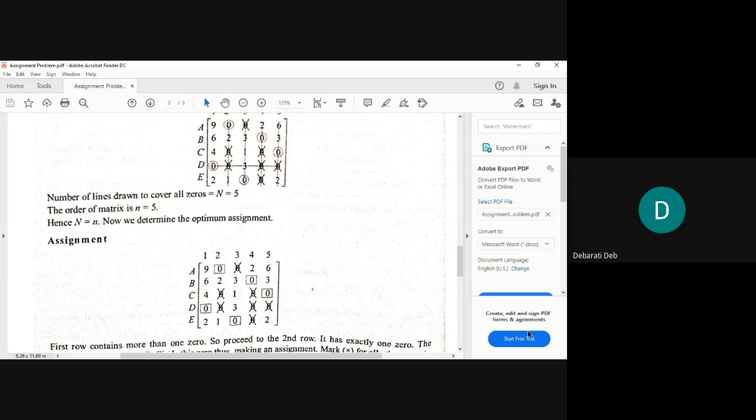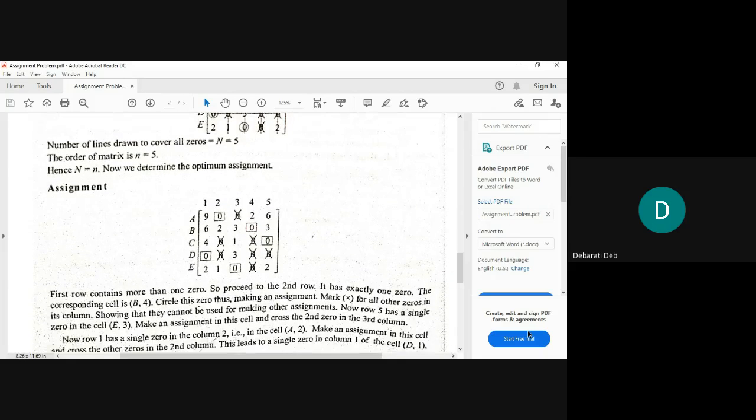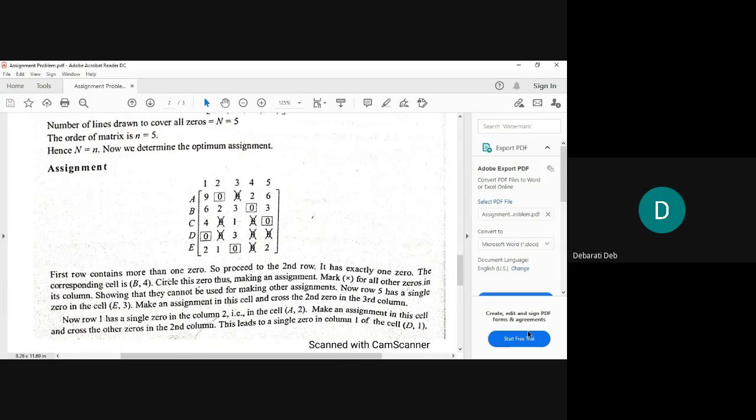Now find a row which has exactly one 0 in it. There can be more than one such row, then you select any one. In this problem, the first row contains more than one 0, it has 2 zeros.